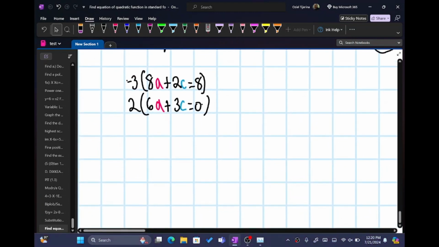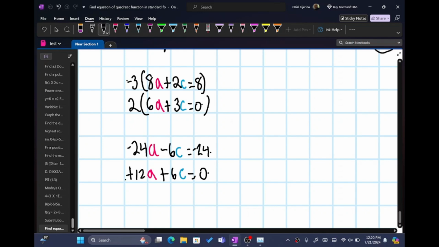So we have negative 24a minus 6c is equal to negative 24, and then plus 12a plus 6c equals 0.